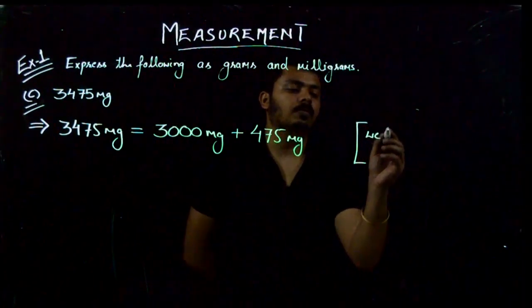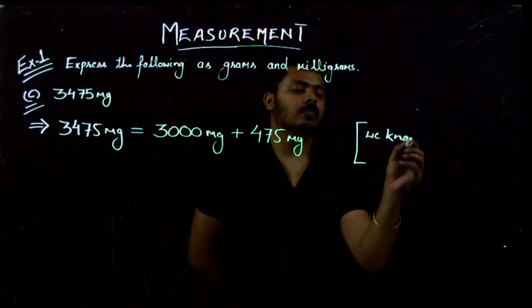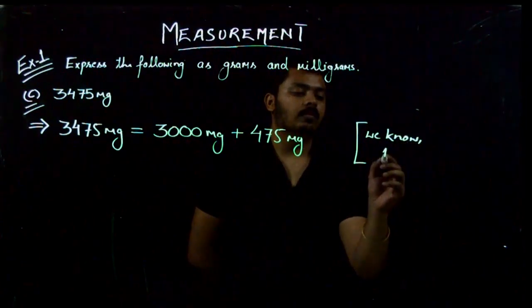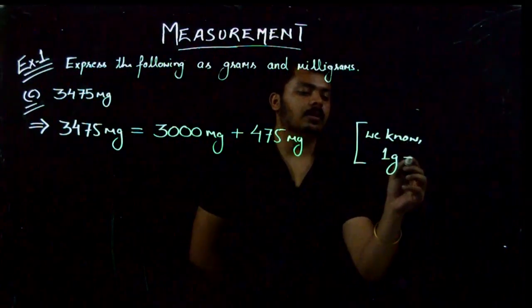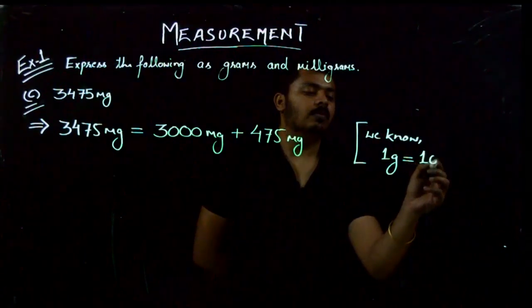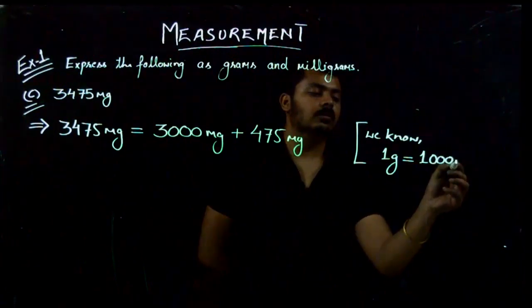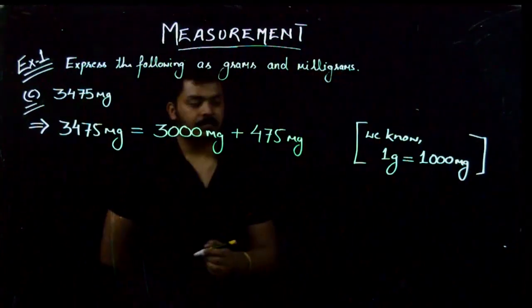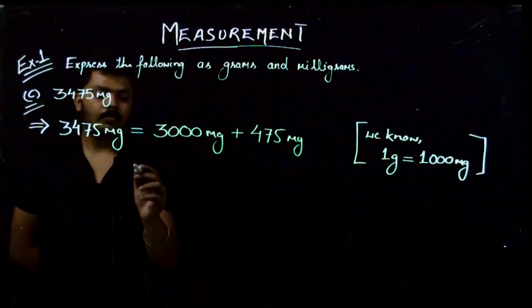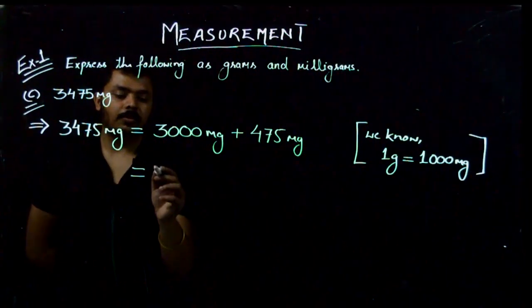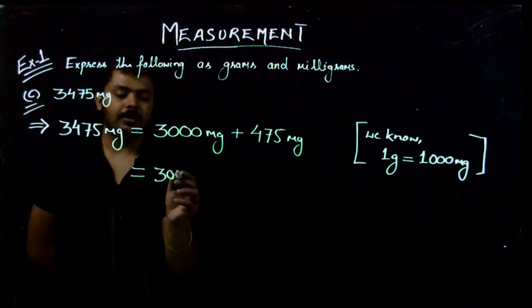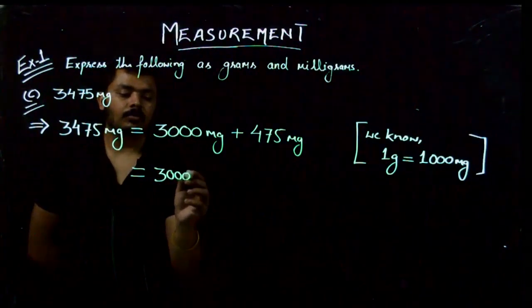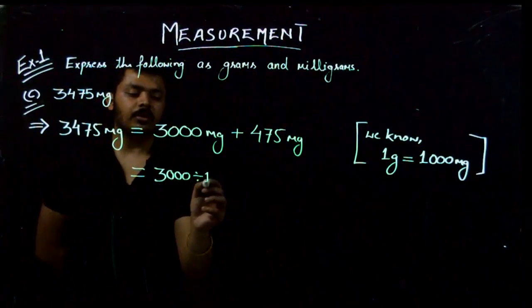We know 1 gram is equal to 1000 milligram. Therefore, to convert milligram into gram, divide by 1000.